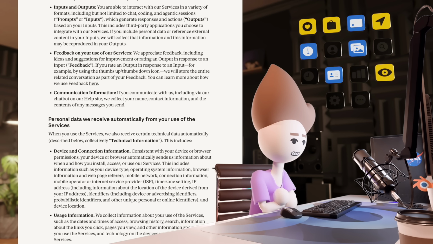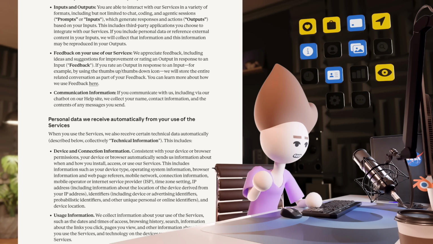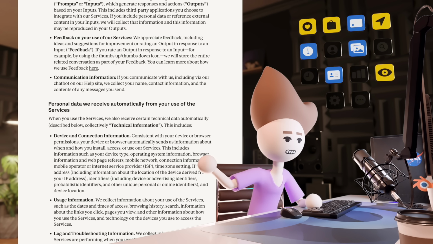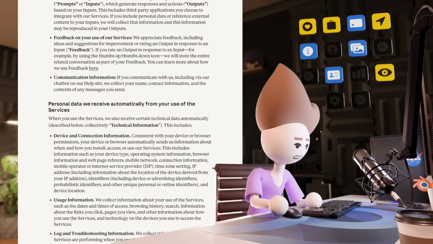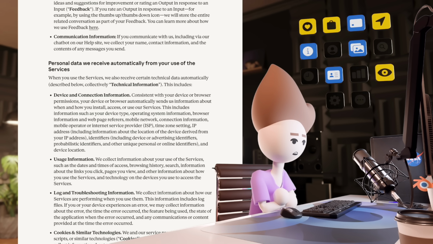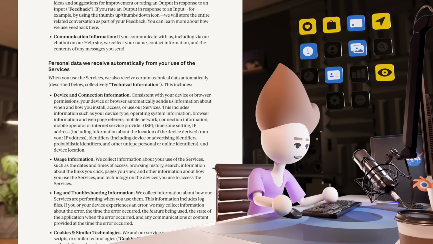Personal data we receive automatically from your use of the services. When you use the services, we also receive certain technical data automatically, described below as technical information. This includes device and connection information. Consistent with your device or browser permissions, your device or browser may automatically send us information about when and how you install, access, or use our services.